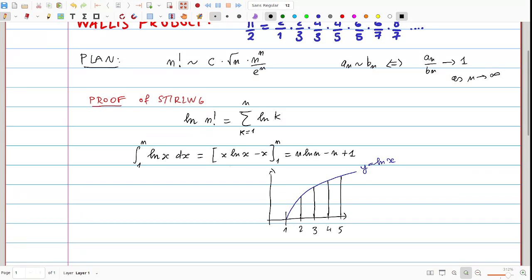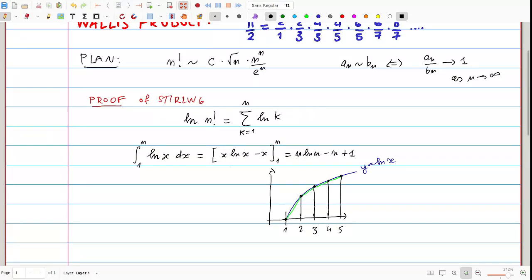From below we can approximate the area by taking the chords of this subdivision.